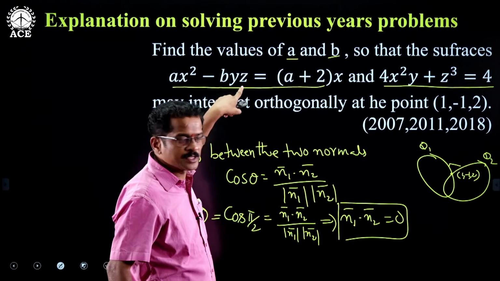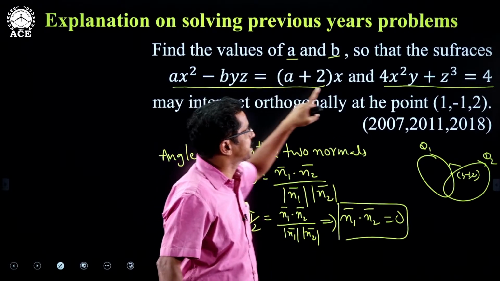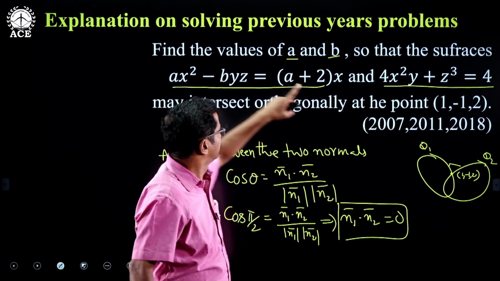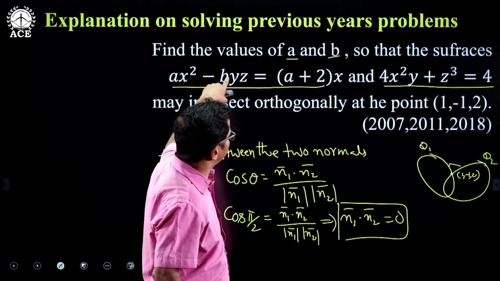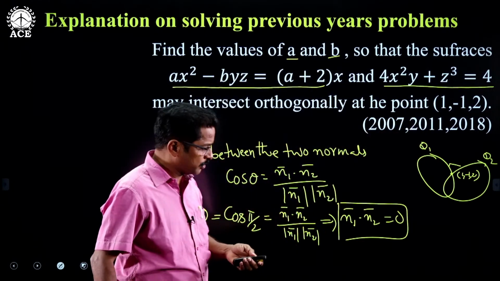As the two surfaces are intersecting at this point orthogonally, therefore this equation has to satisfy the point. So that I will take here.